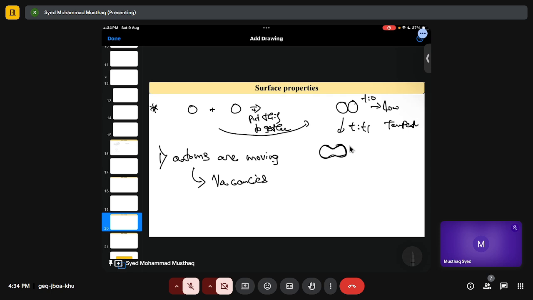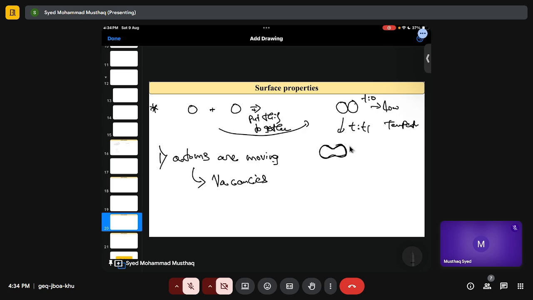So that gap is called a vacancy, and the person is called an atom. For an atom to move, it's indirectly the vacancy motion, that's all. That's why we do not talk more about atoms, we talk about vacancies, because it is easy to visualize. Whenever vacancies move, that means atoms are moving. That is the relation.